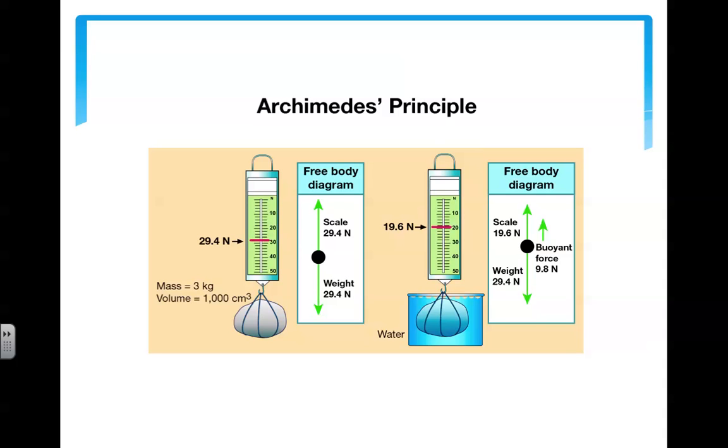This means the water must provide the additional 9.8 newton force upward, the buoyant force, so that the object remains at rest and thus in equilibrium. So in our second free body diagram, we can see we have weight down, 29.4 newtons. We have the buoyant force up, assisting in lifting the object, 9.8 newtons, and this means that the scale reads the difference in the two, which is 19.6 newtons.